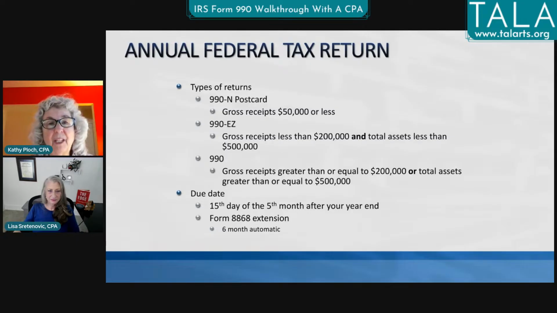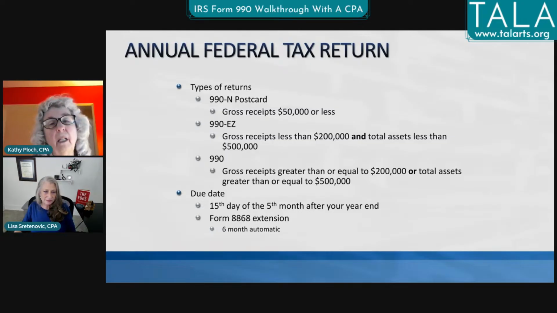We can't always trust the post office to get us the mail. I've had clients who found out in different ways that they didn't have their status anymore. And so it's not an easy process.